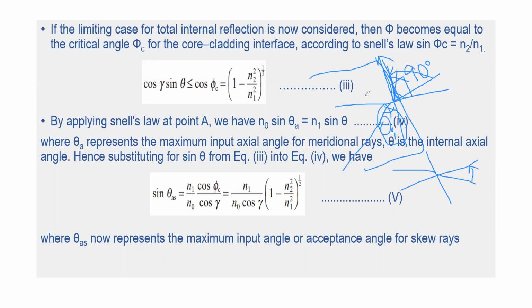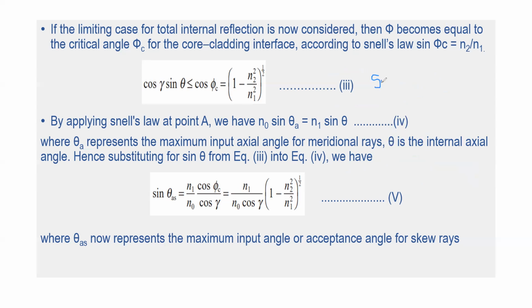So in general, this is the formula: sine theta c, the critical angle, times n1 is equal to, according to Snell's law, sine theta r, reflected, times n2. Now your theta r has become 90 degrees, so sine theta r becomes 1 and you have only n2, and n1 has been sent to the other side.